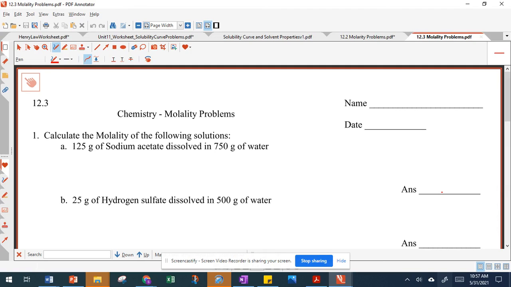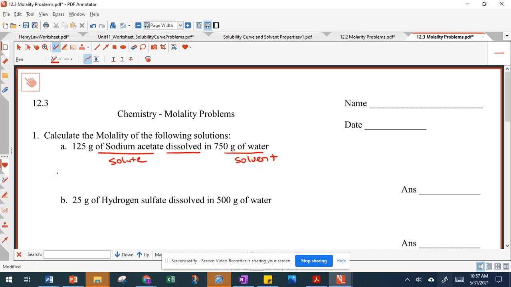On this worksheet, you just have to be really careful about identifying the solute and solvent. The solute will be in the solvent. Here we have sodium acetate dissolved in water, so sodium acetate is our solute and water is our solvent.